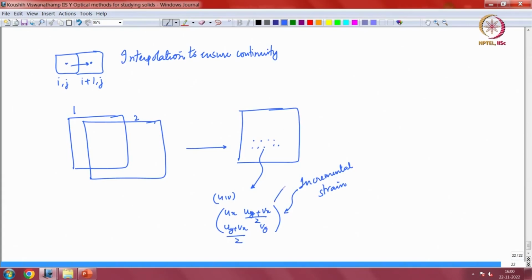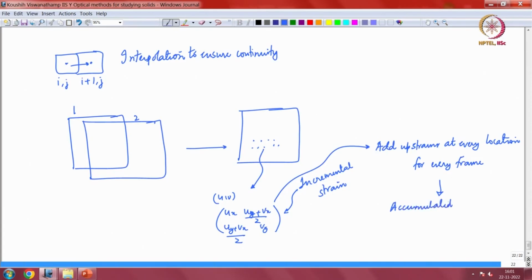So, what you actually have to do is to add up strains at every location for every frame, and this gives you what is usually called the accumulated strain.